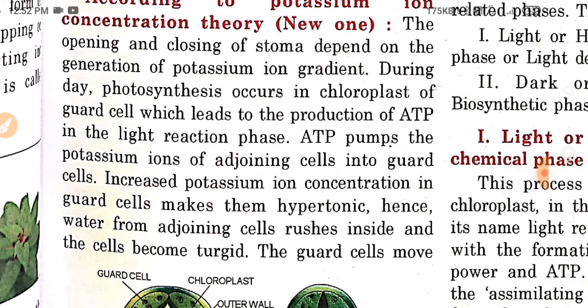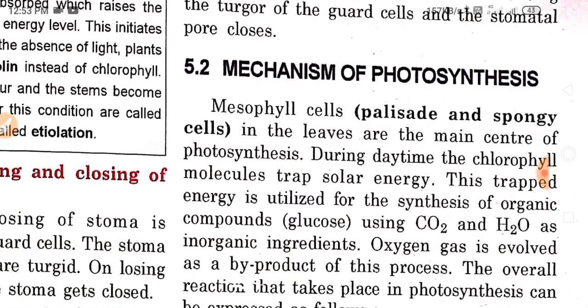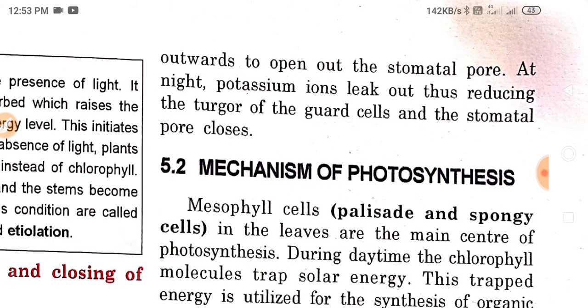Increased potassium ion concentration in the guard cell makes it hypertonic. Hence, water from adjoining cells rushes inside and the cell becomes turgid. The guard cells move outward to open the stomatal pore. At night, potassium ions leak out, thus reducing the turgor of the guard cell, and the stomatal pore closes.